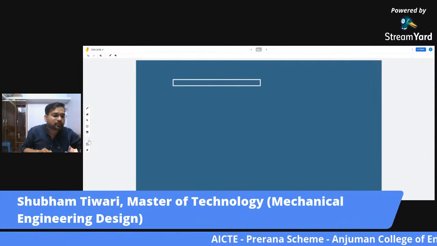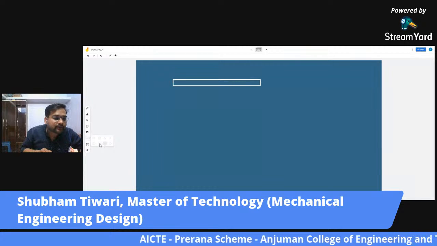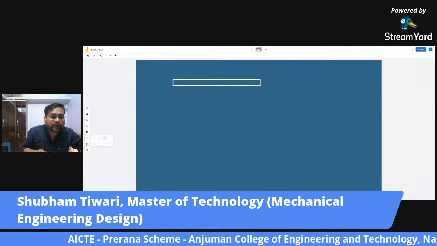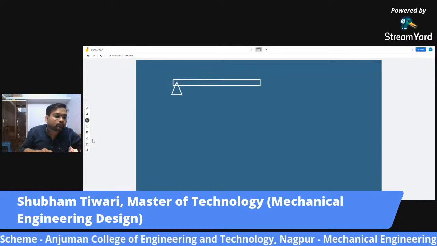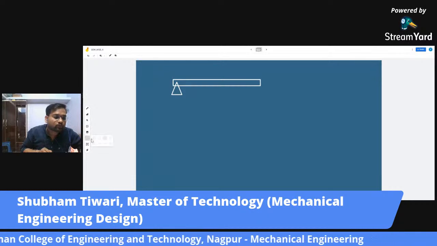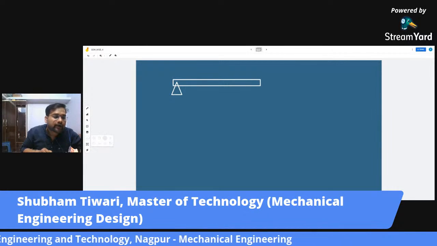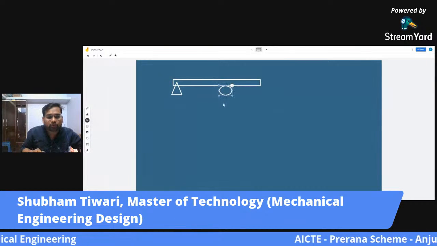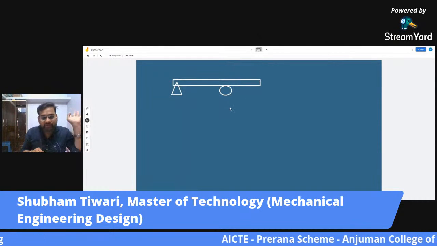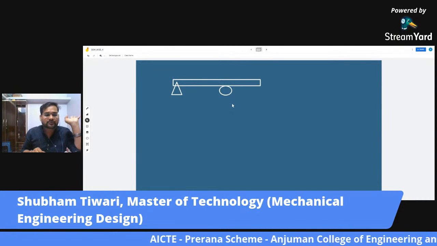Now one of its supports is a kind of hinge support, and here we have a roller support, and the remaining portion keeps hanging.